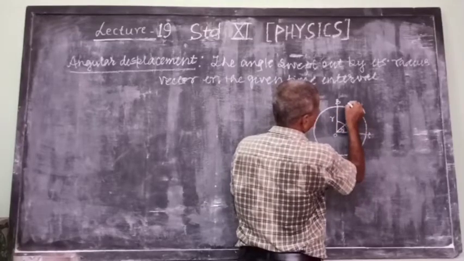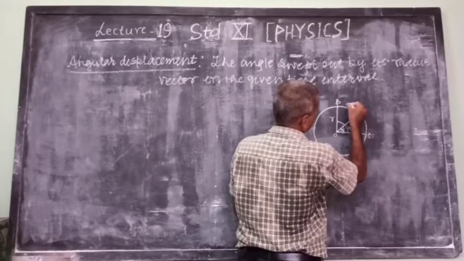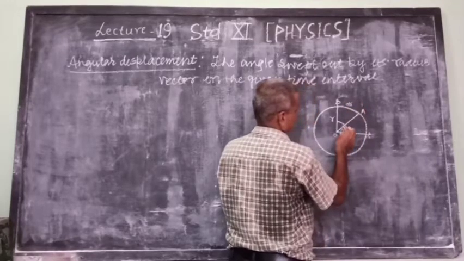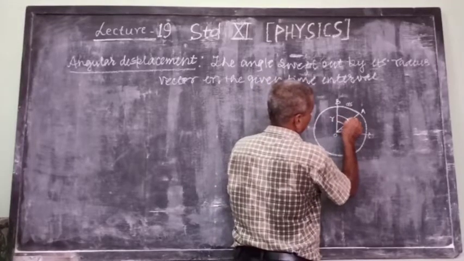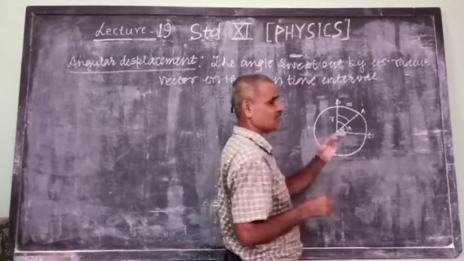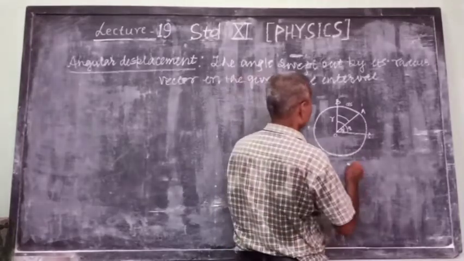This can be written as ds. This is your theta 1 and this is your theta 2. When the time changes from t1 to t2, the time interval will be t2 minus t1.